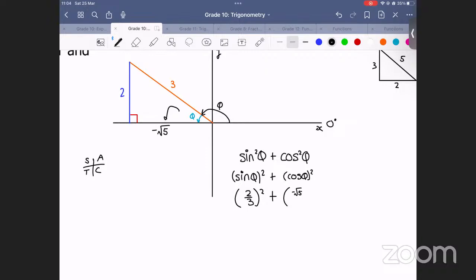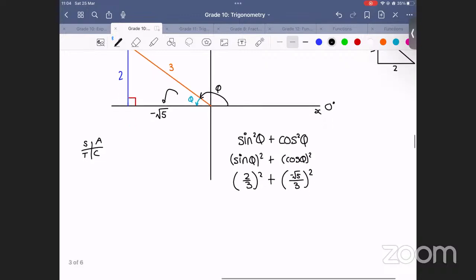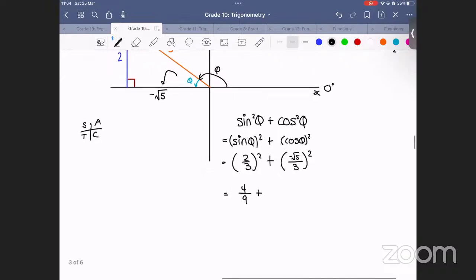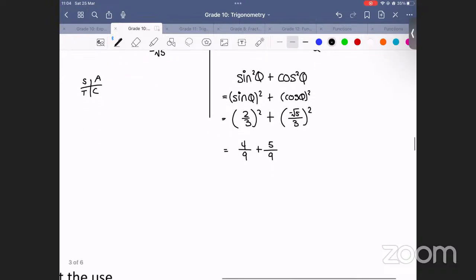Please use that negative: (negative root 5 over 3) squared. Let's simplify this. Here I'm getting 4 over 9. You can square the numerator and square the denominator. Negative root 5 times negative root 5 is just 5, so 5 over 9. So this simplifies to 9 over 9, which simplifies to 1.